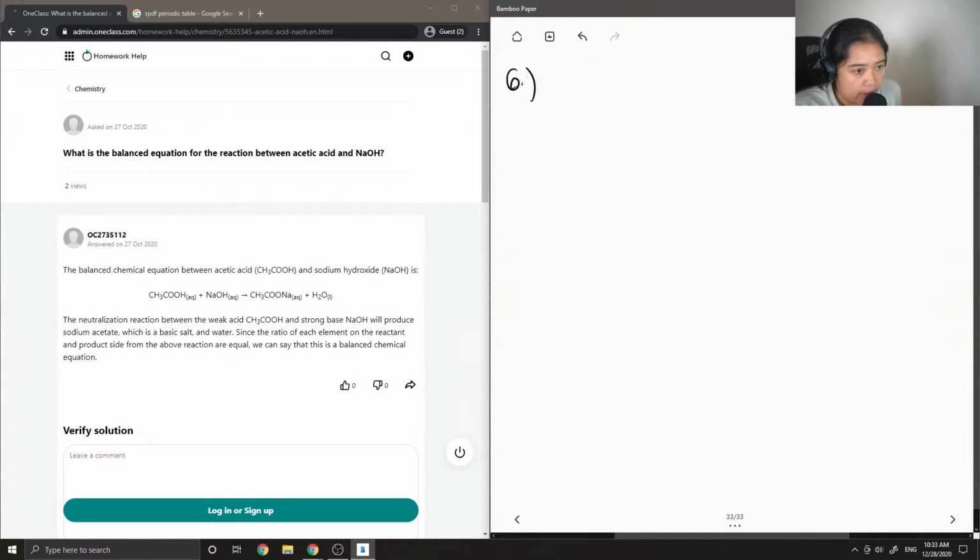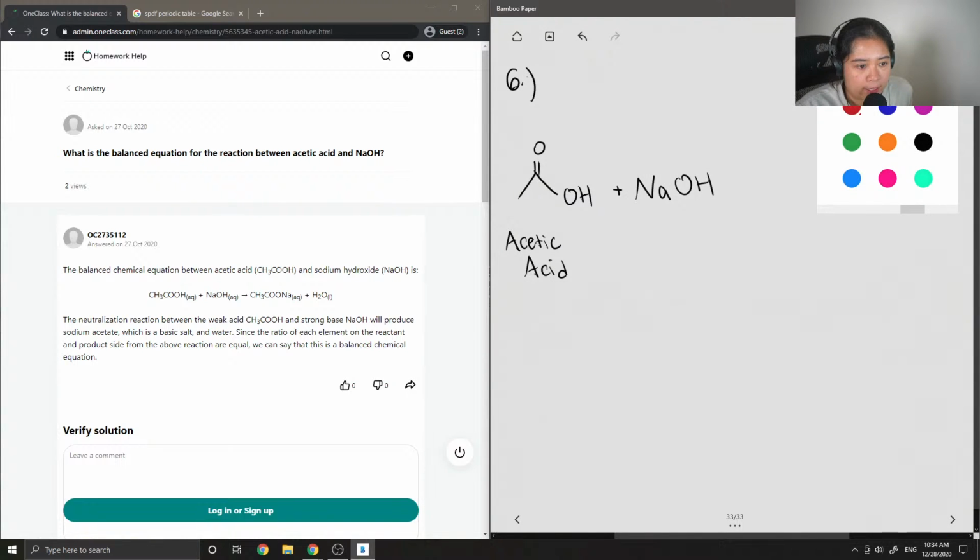Okay, so I'll draw down the structure for acetic acid, and it reacts with sodium hydroxide. Okay, so notice that we have an acid reacting with a base.